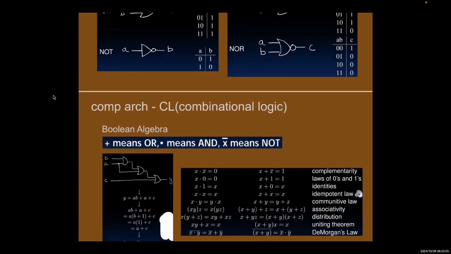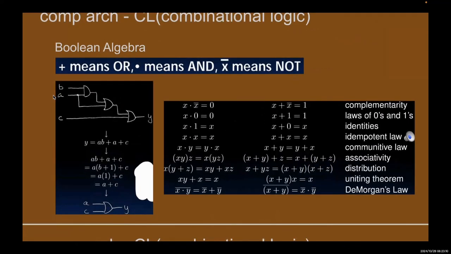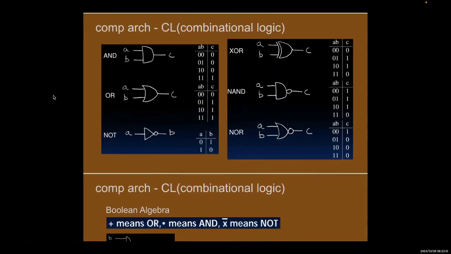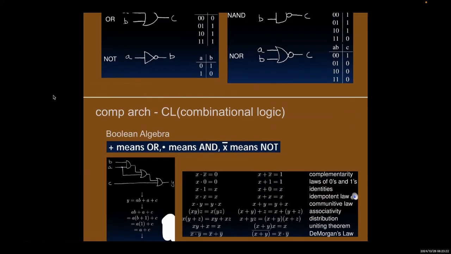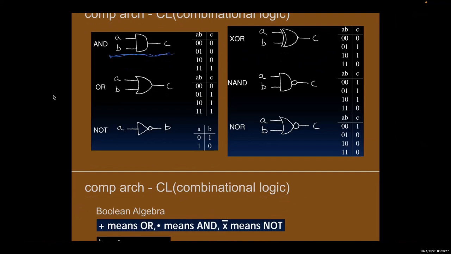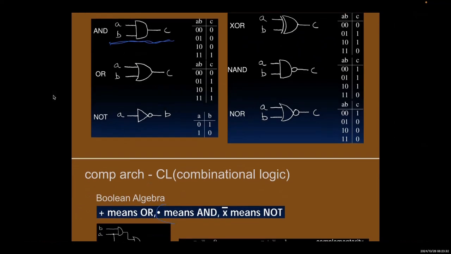Okay, so next we introduce something called Boolean algebra. Boolean algebra is just expressing the gates in mathematical notation. So here, A and B to C, we use the dot as AND and the plus as OR, and not is like this.